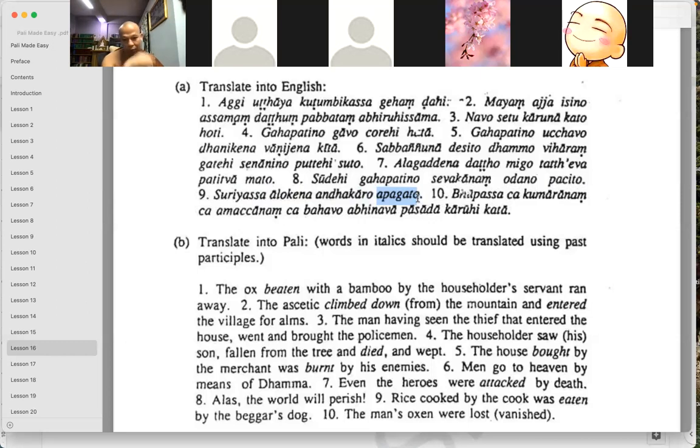So darkness was gone away, or went away. Suryasa alokena. Aloka means light. So Suryasa alokena is instrumental: by the light or with the light of the sun. So darkness went away by the light of the sun.